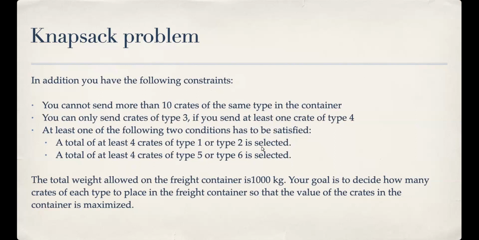Because in the third constraint, we have two conditions to satisfy: a total of at least 4 crates of type 1 or type 2, or a total of at least 4 crates of type 5 or type 6. We don't know yet which one should be satisfied at the optimum, but either of them is okay.